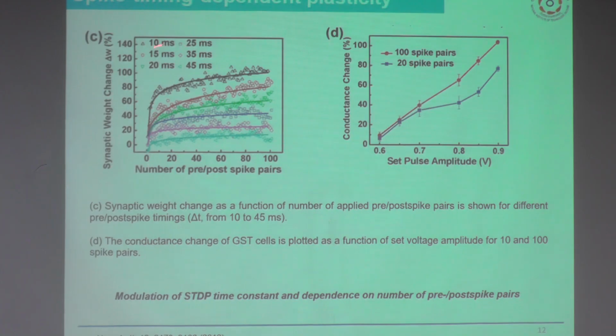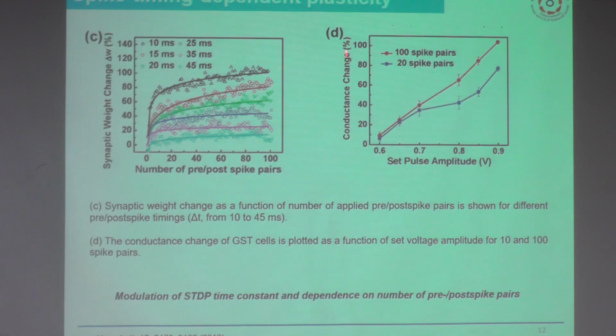For different time values, you can see it gradually decreasing from 10 millisecond to 45 millisecond. For 10 millisecond, which is the higher side, the time to settle down is more. That's why the change in conductance is on the higher side.